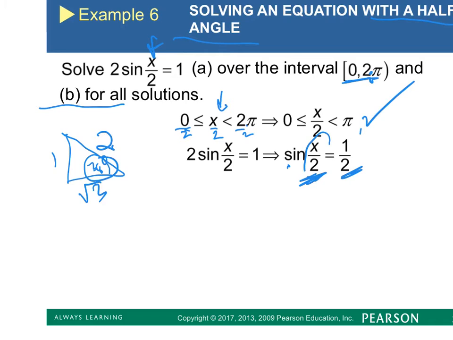So this is my angle. So x over 2 must be a 30-degree angle. But we have to solve for x. So x must be a 60-degree angle. Chew on that for a minute.